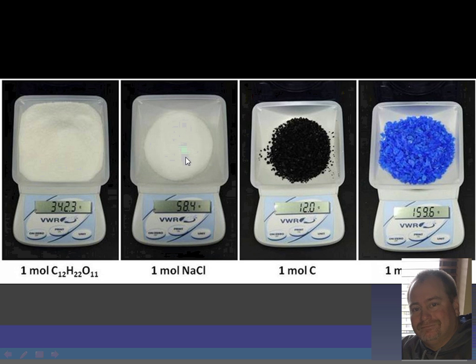Now, we haven't talked about this one yet. So how am I going to determine, right here, whether I am labeling this an atom, a molecule, or a formula unit? What do I need to look for?